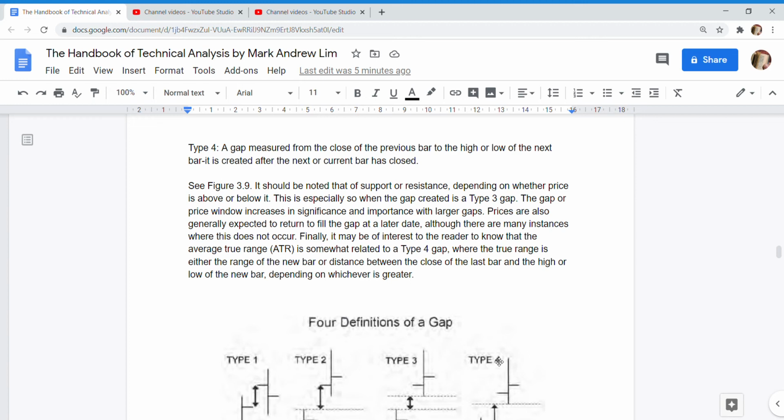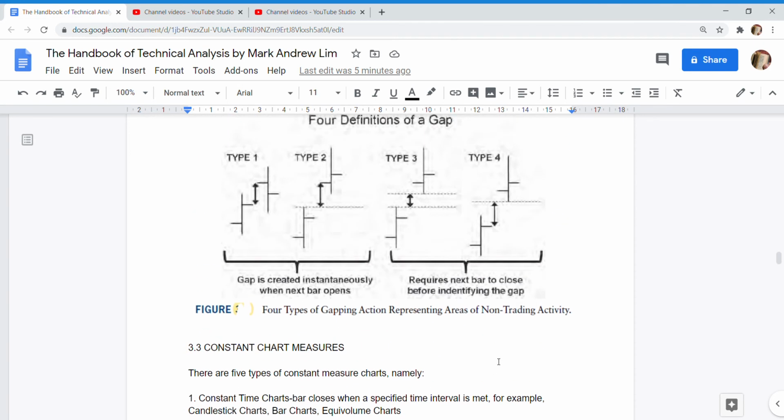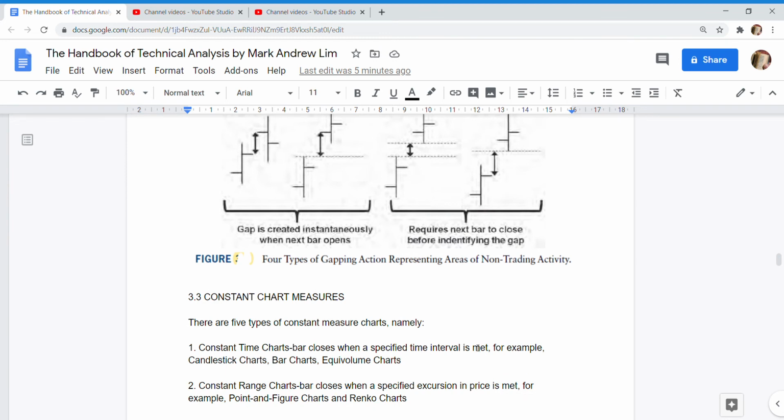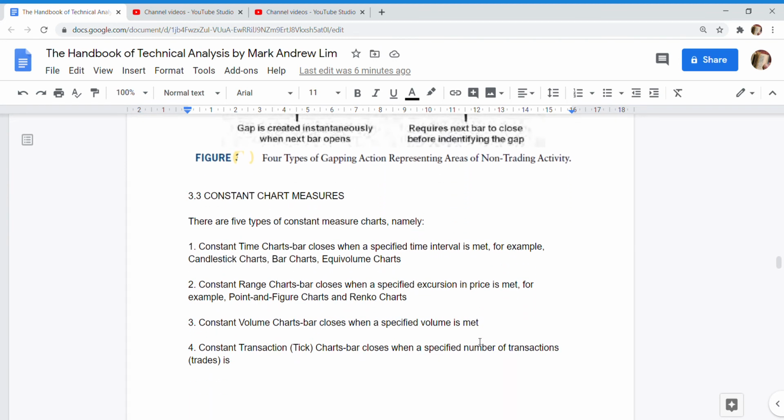3.3 Constant chart measures. There are 5 types of constant measure charts, namely: 1.